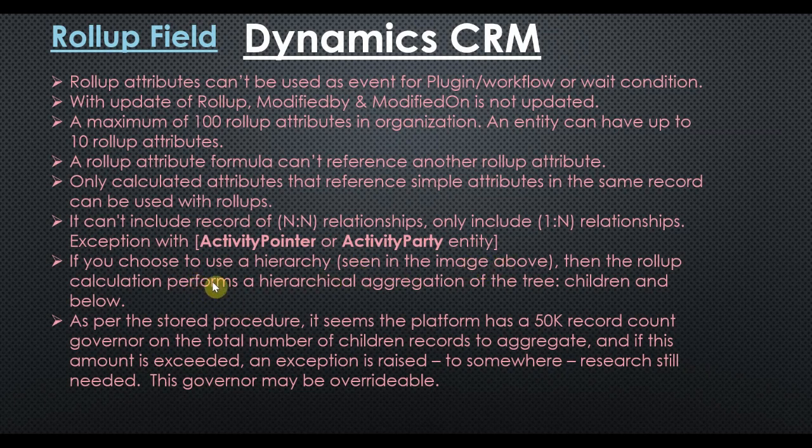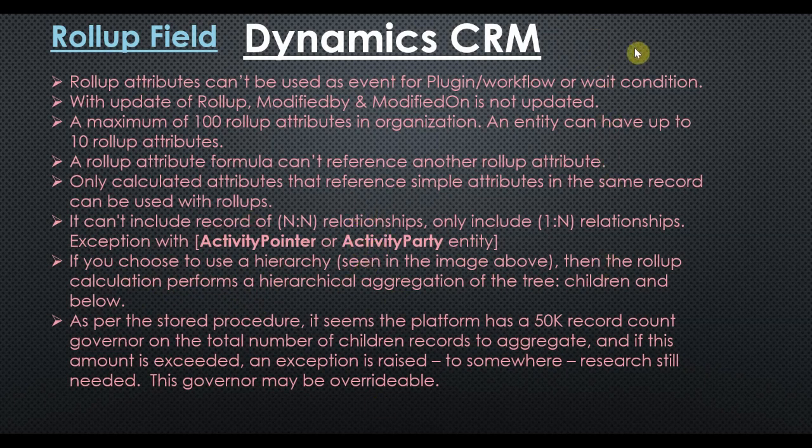Now in the design of the formula, when you do the calculations, you will have the option to enable the hierarchy. When you enable the hierarchy, we can use the child entities of the child entities.